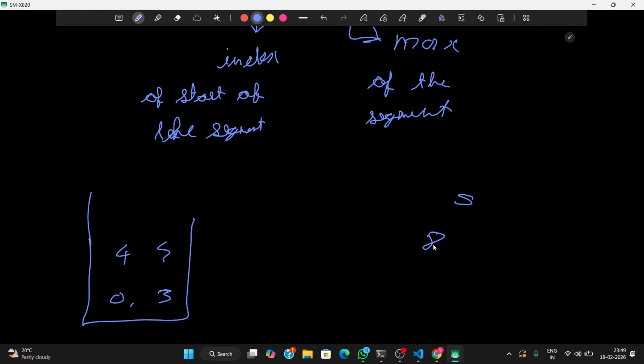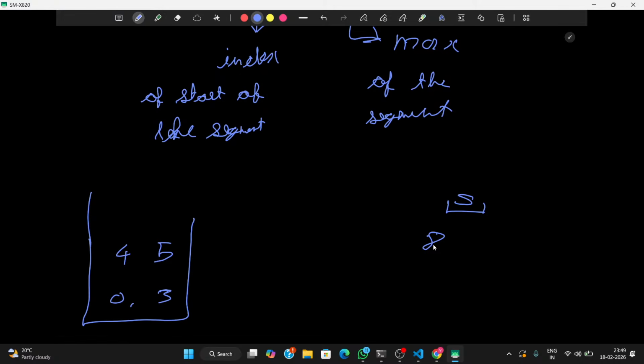So at the 8th index, we got 5. Can we add 5 to our previous segment? Since the max is 4, we can add 5. So we will add 5 to our segment and update this max to 5.